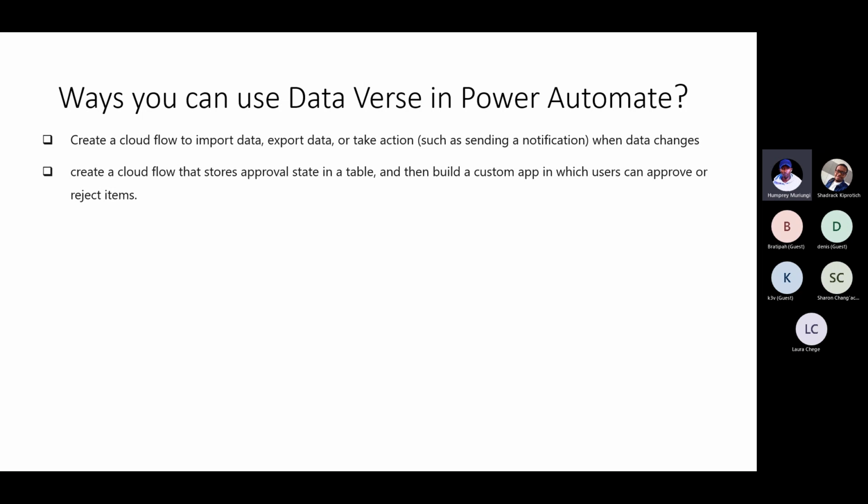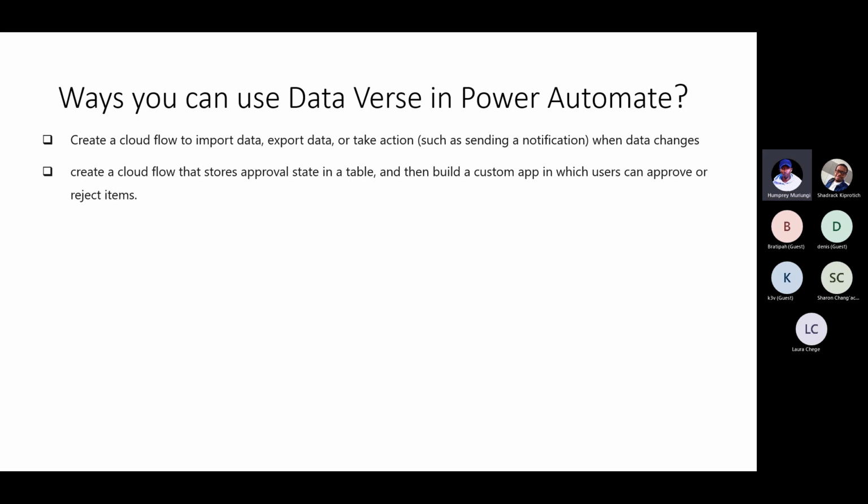So yeah, you can build a flow that will update a table. Let's say, for instance, you are leveraging some customers, and the item that you are selling, or the service that you're offering, gets approved.